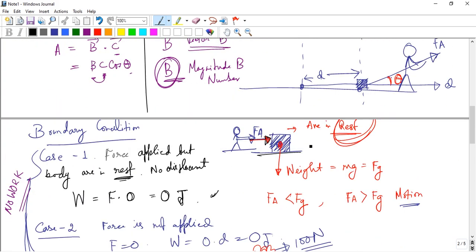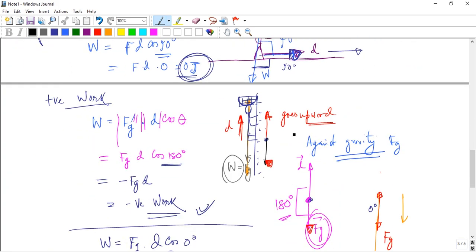If the force is downward and the body goes upward, they do not follow the same direction. But when the person goes upward, from Newton's third law the normal force is equal to the weight.